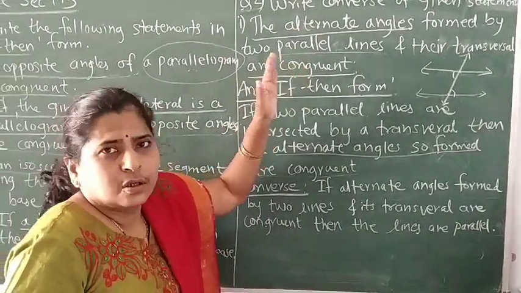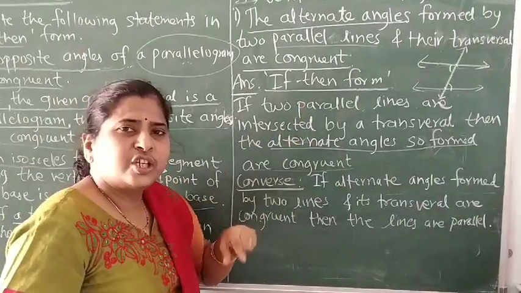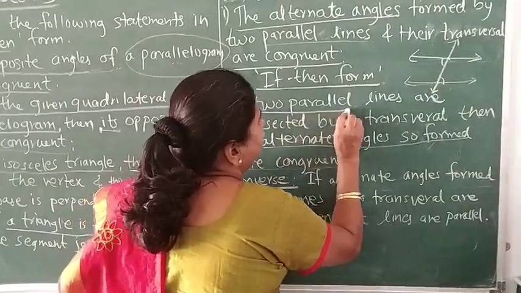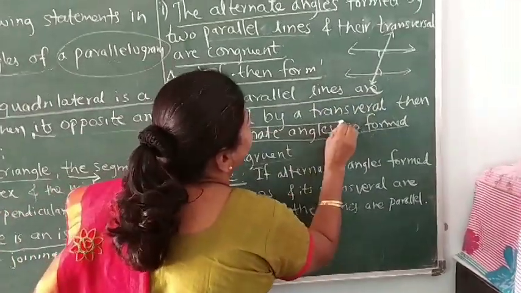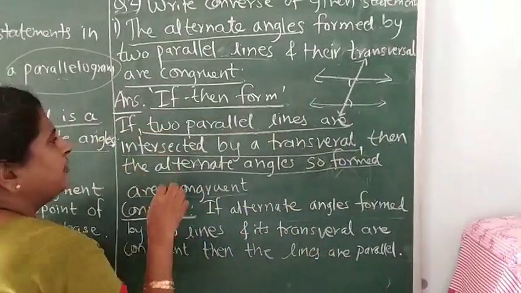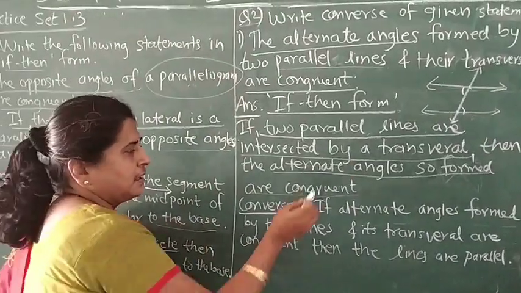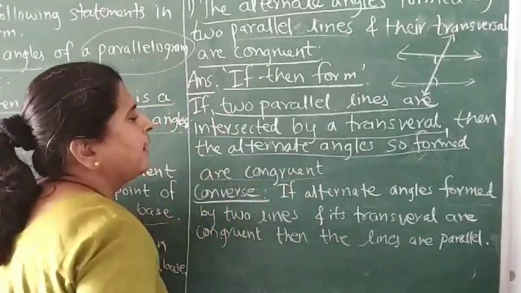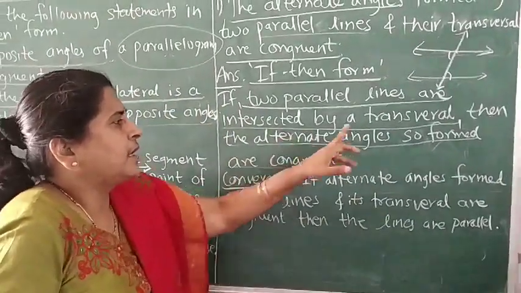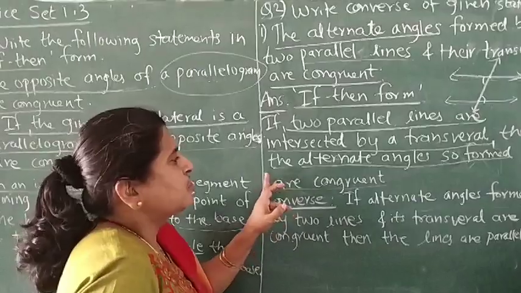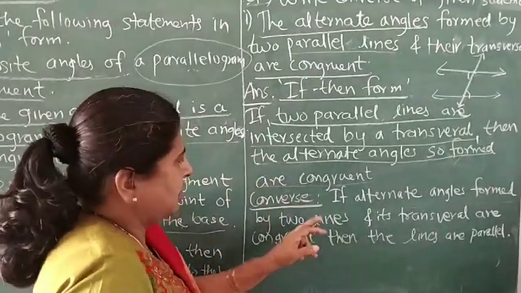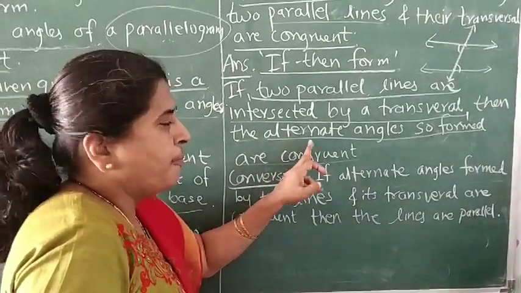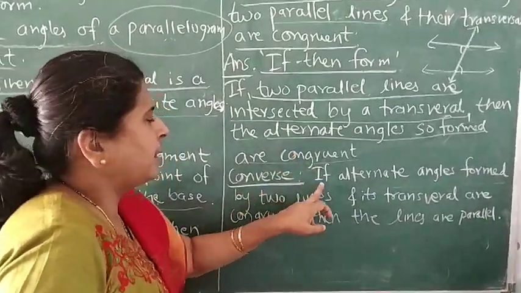Now to write its converse, we have to interchange the antecedent and consequent parts. The part after if, which is the antecedent, will become the consequent in our answer, and the part after then, the alternate angles are congruent, becomes the antecedent. But we can't start with 'if alternate angles so formed'; we have to modify it a little. Of course, we will talk about alternate angles formed by lines in our if part.